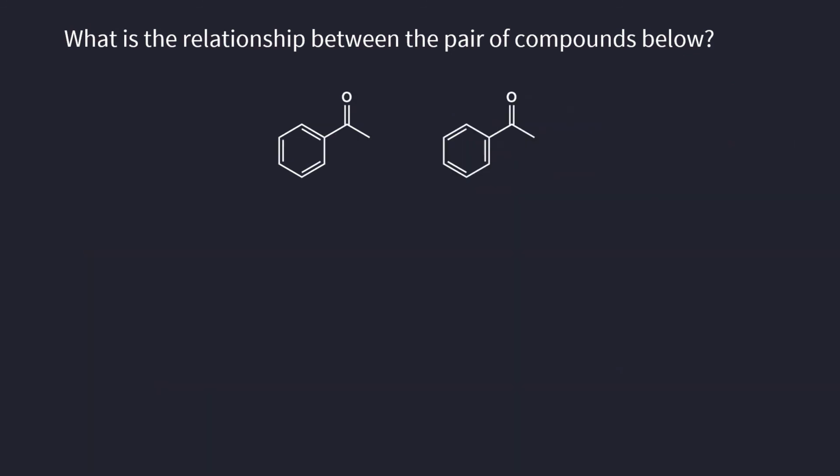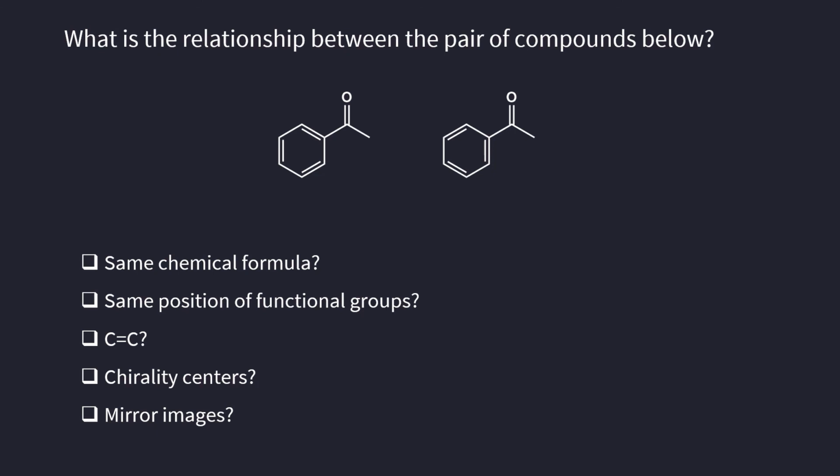Now let's try this example. What is the relationship between this pair of compounds below? So they look exactly the same, except that their double bonds are in different places. So they have the same chemical formula, same position of functional groups, and they have double bonds.